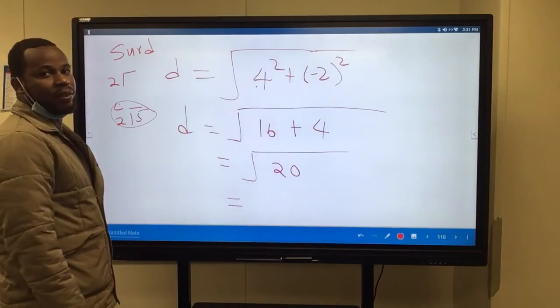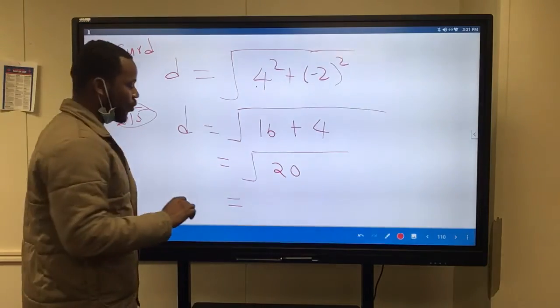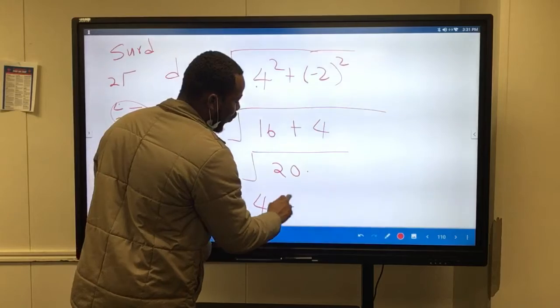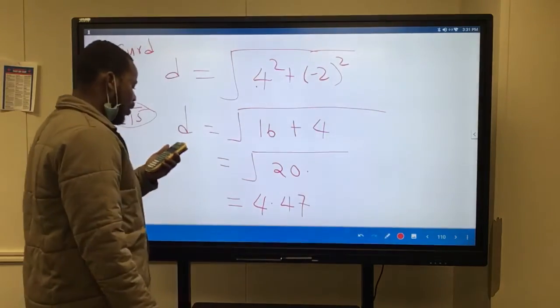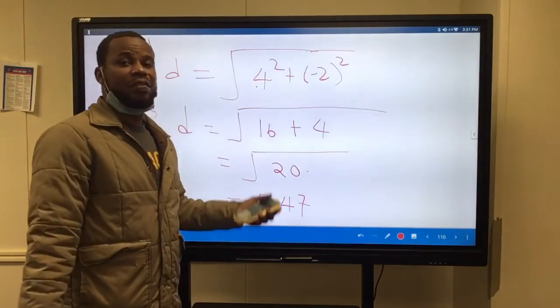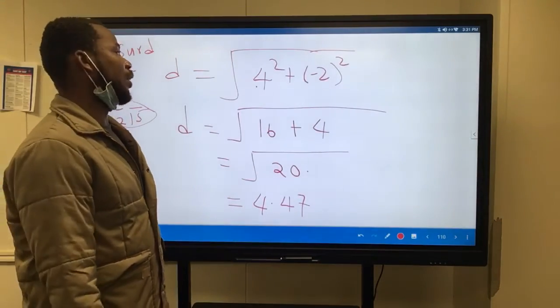But that's not what we are learning today. So make sure you put the dot over there so it will give you 4.47, which you can say is the distance, maybe 4.47 centimeters.